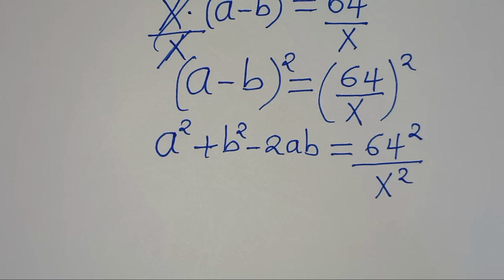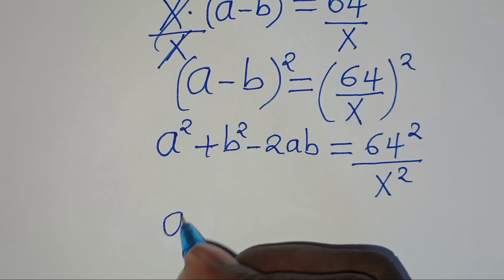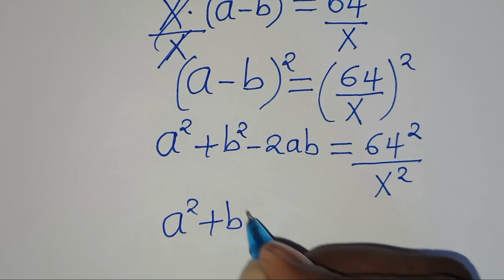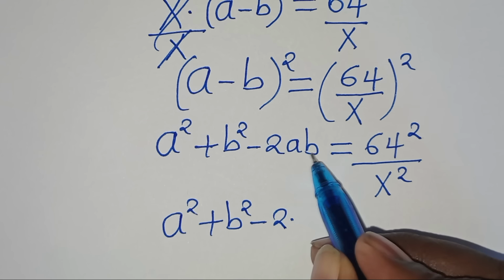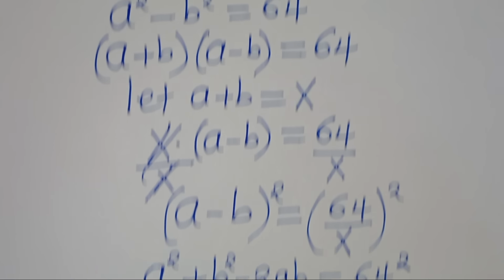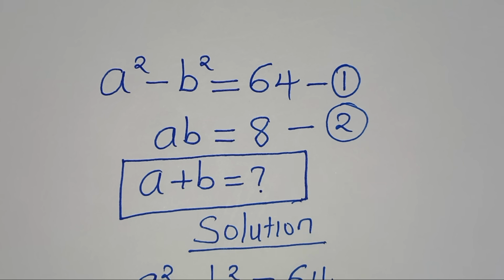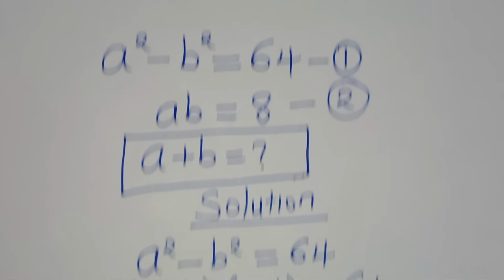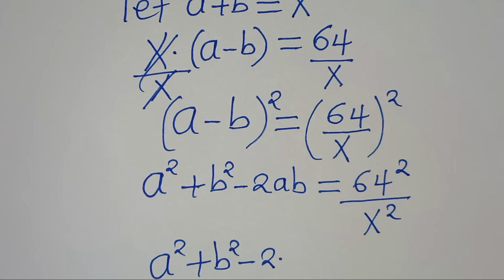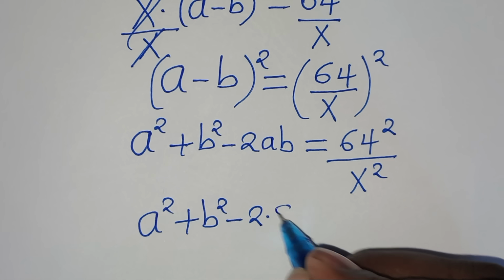Now, the next step is that we have a squared plus b squared subtract 2 multiplied by a times b. This is what we have in equation 2. Equation 2, we have a times b is equal to 8. So let's substitute 8. So we have 2 multiplied by 8.